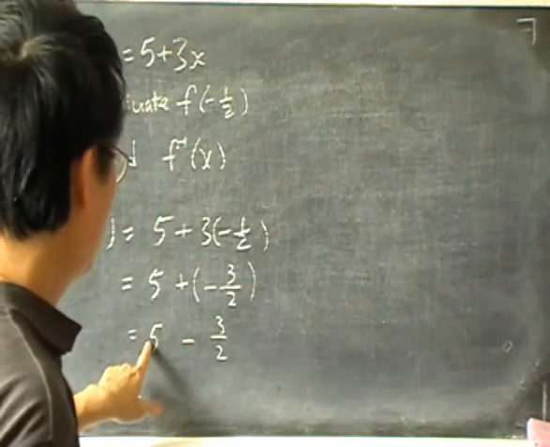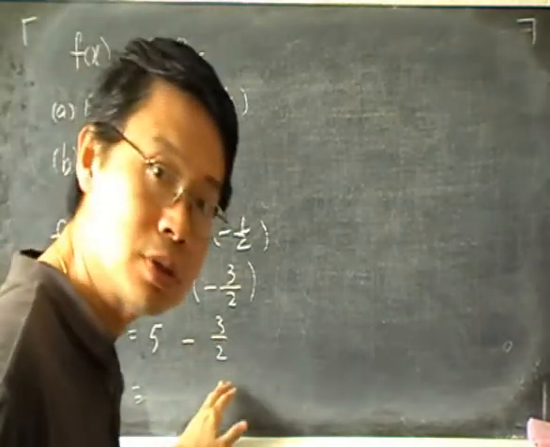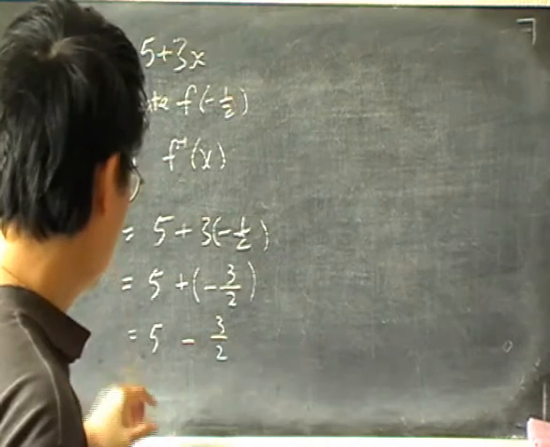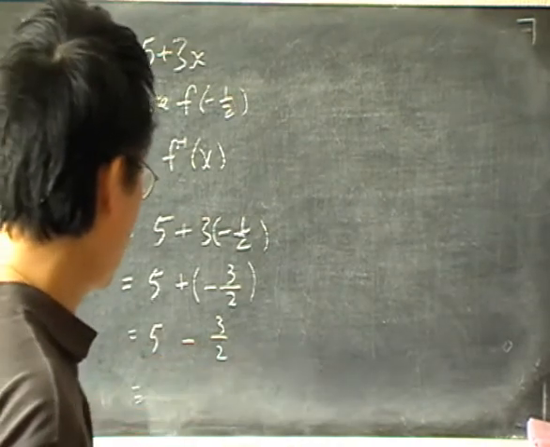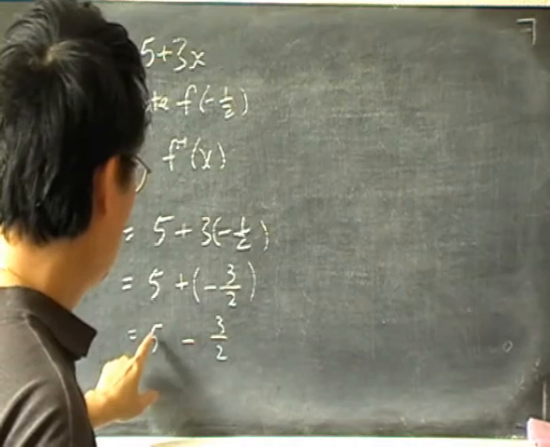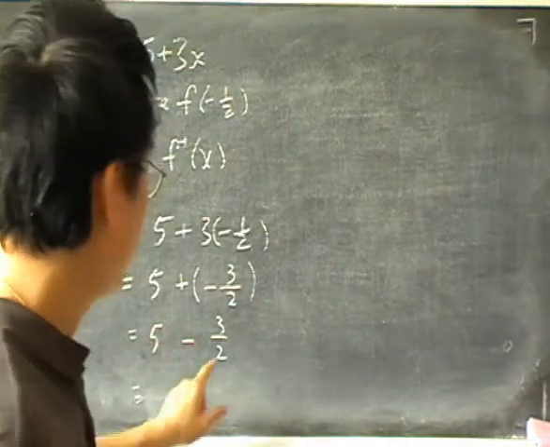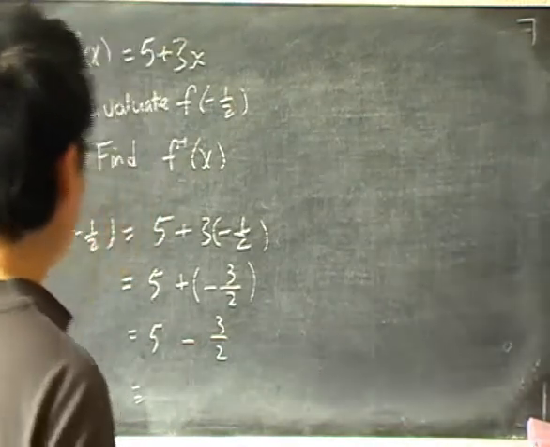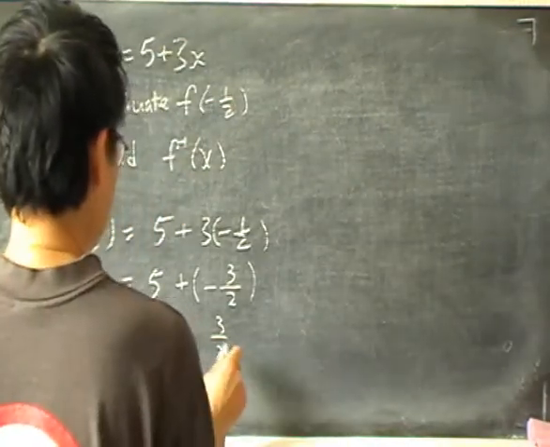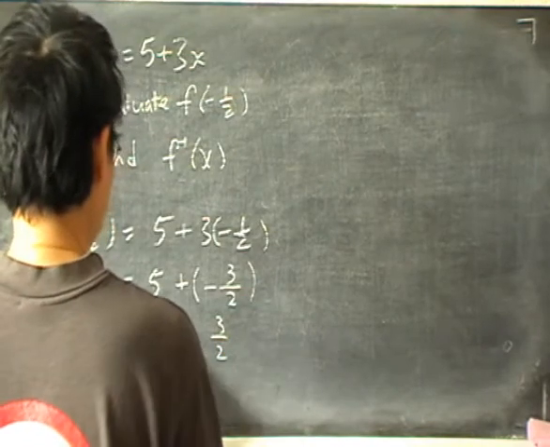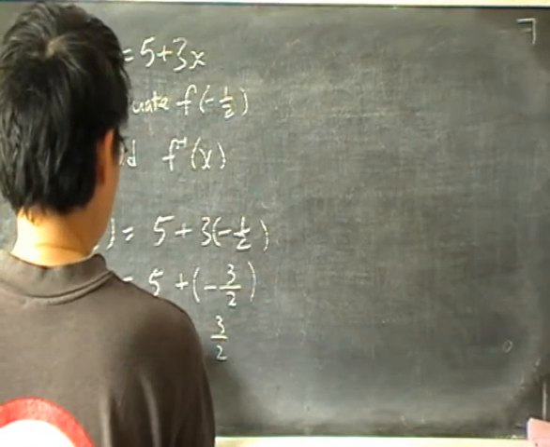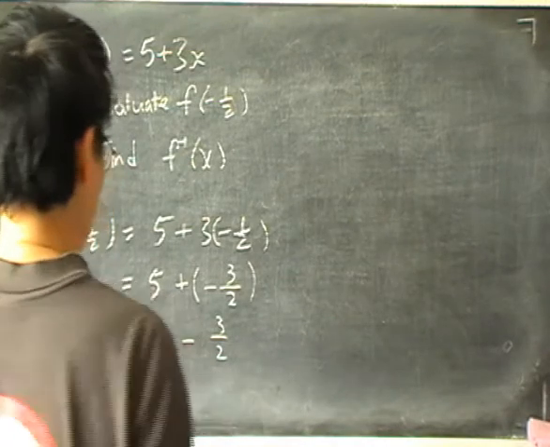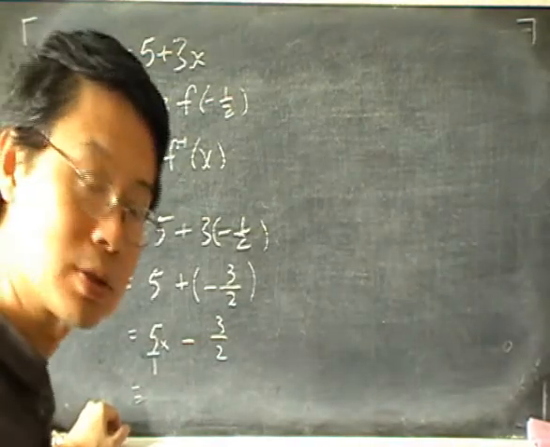we must convert, because we have a fraction there and we have another number which is not a fraction. In order to add them, we must convert the 5 to a fraction with the same denominator. The denominator is 2. I think of the 5 as 5 over 1 in the first place, right?